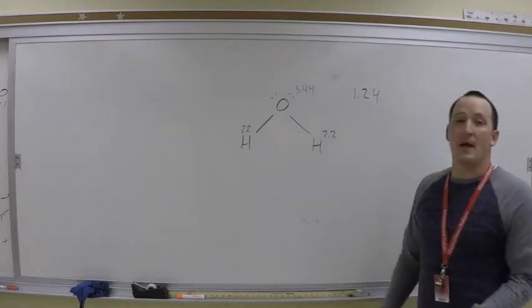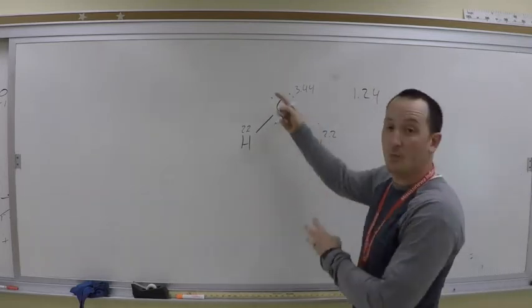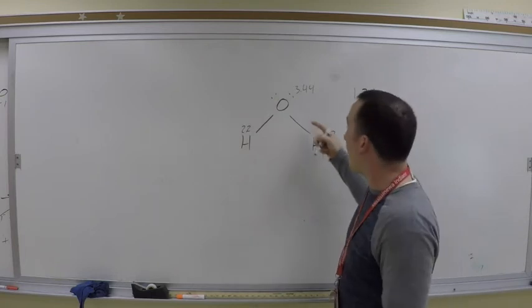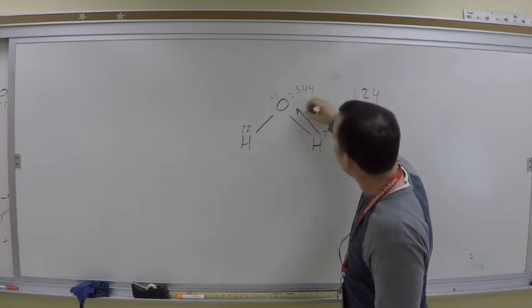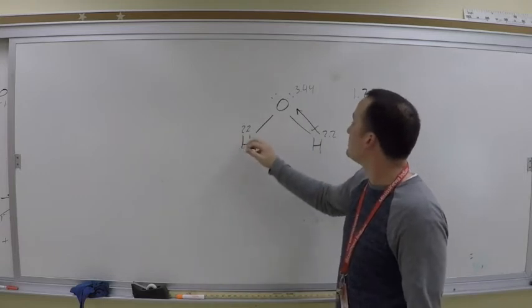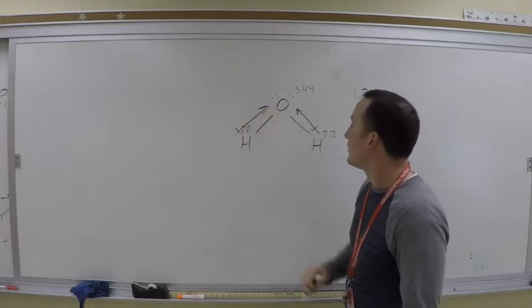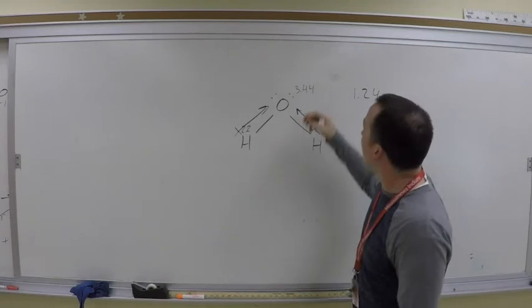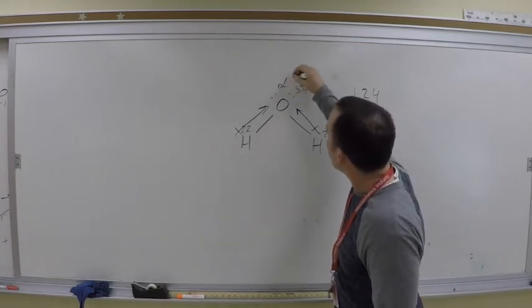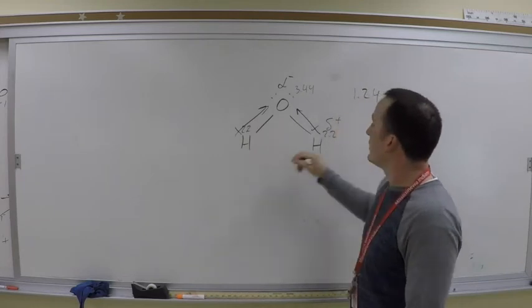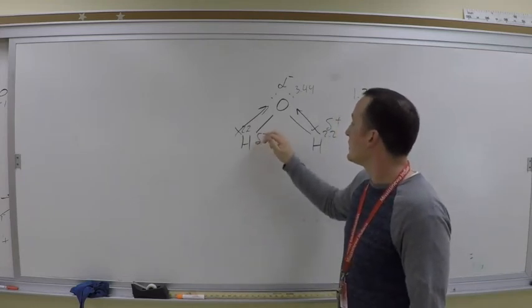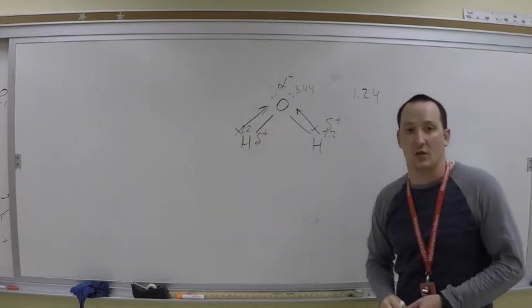So what that meant is that these bonds in water, the oxygen and hydrogen bonds, were polar. So what that meant is that electrons were being pulled from the hydrogens towards the oxygen, and what that did is that created a partial negative charge on the oxygen and partial positive charges on the hydrogens. Okay, so I went over that kind of in the last video.